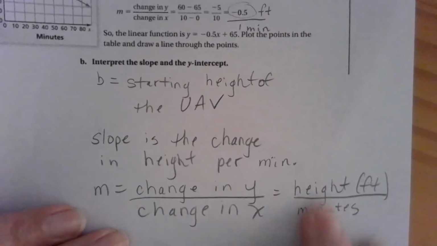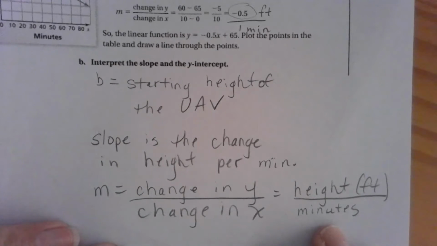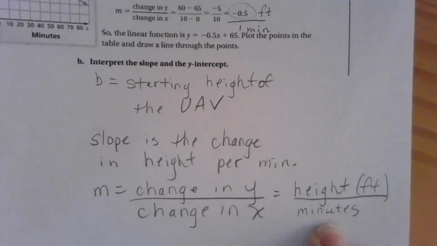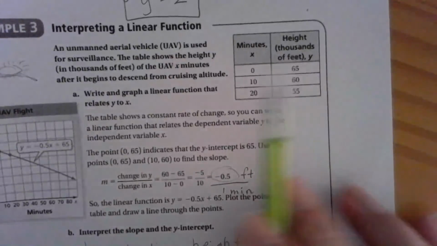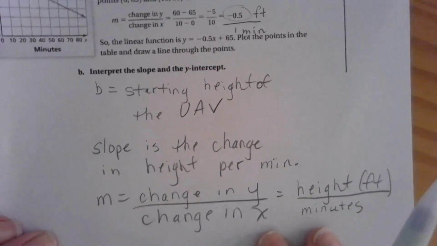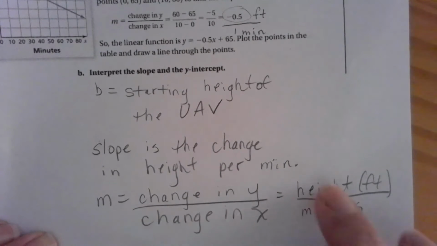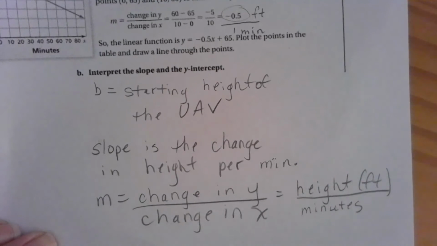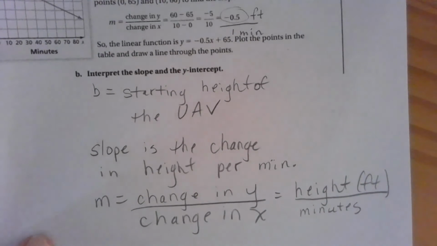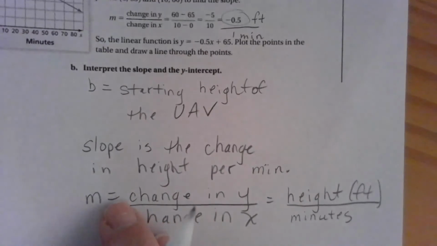So if slope is the change in these things, then the slope is the change in height per minute. So nothing mind-blowing here. We literally are just using what we are given. We know what the slope is. That is what interpreting the slope is: just looking at what your y and x are and finding it per whatever x is. In this case, it was the height per minute. That should not be too difficult. Easy peasy lemon squeezy, yes?